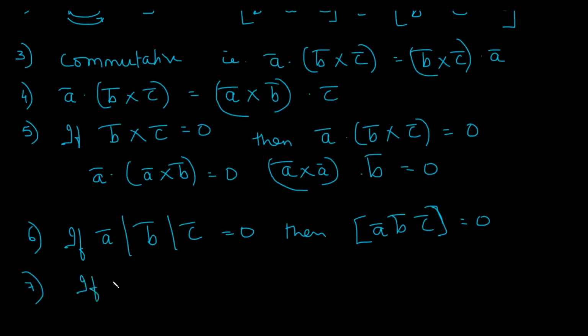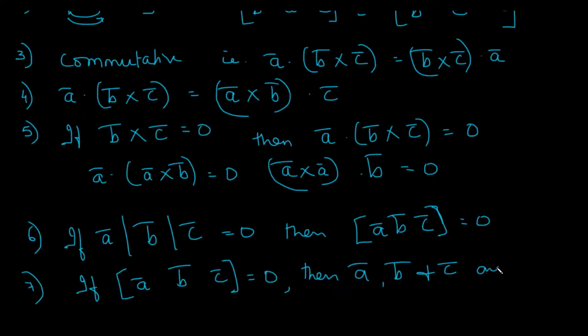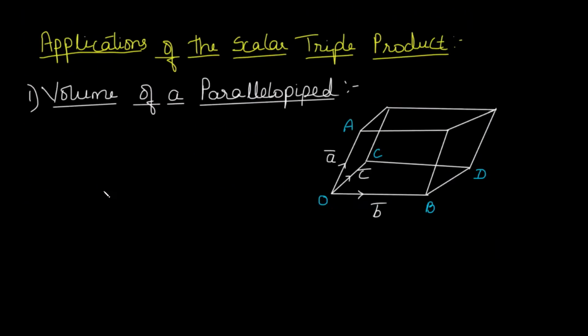We can say that if the box product box ABC is equal to 0, then A, B and C are coplanar. So these are some of the main properties of the box product.